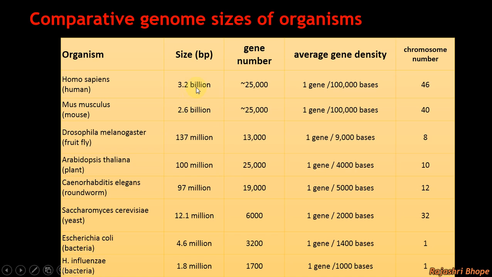So you can see here, this we have already discussed. In human, the size of the genome is 3.2 billion, but the gene number is only 25.